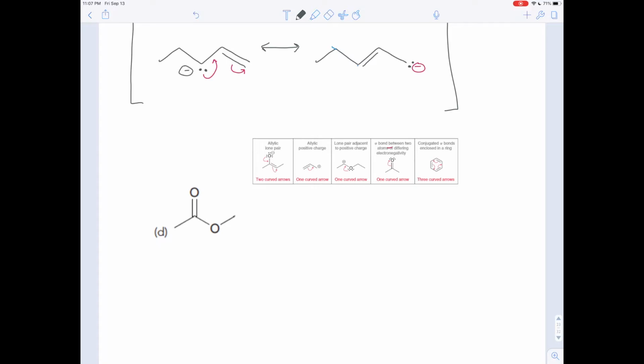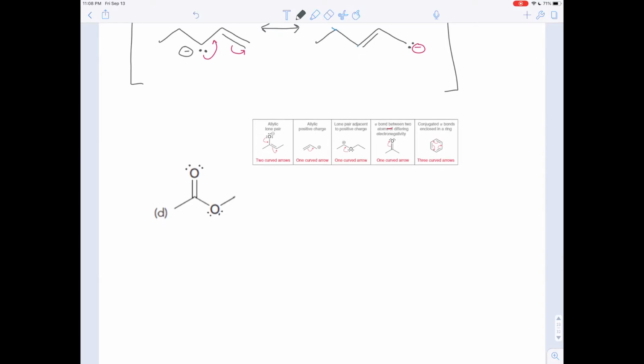None of the carbons have a negative charge, so they don't have lone pairs. But each of the oxygens only has 2 bonds, which means it only has 4 electrons around it. So you need to add 4 more electrons, in other words 2 lone pairs, on each of the oxygens to get them to have 8 electrons around them.